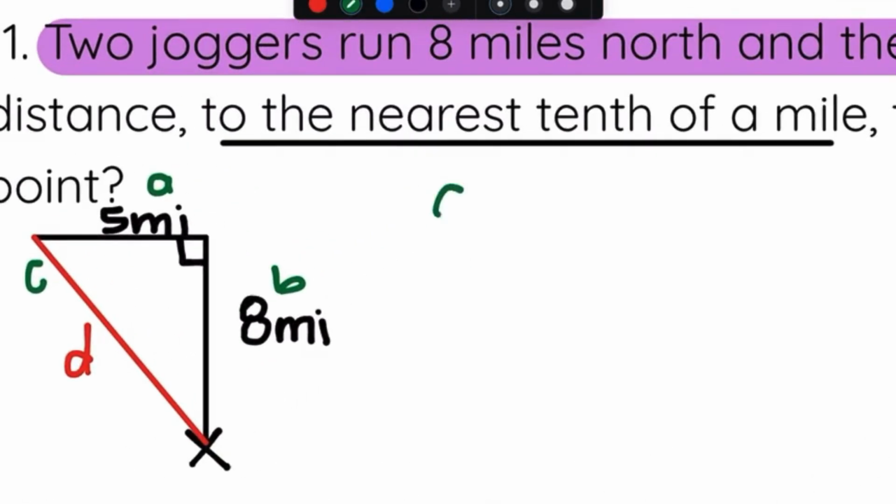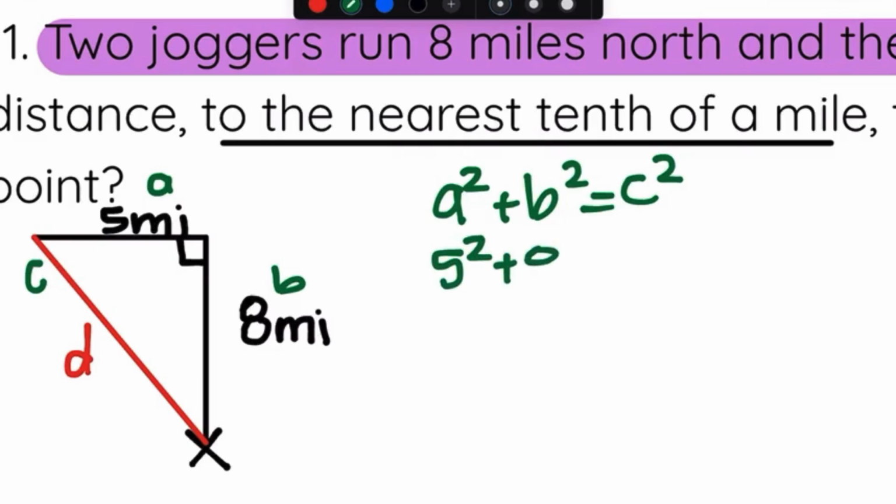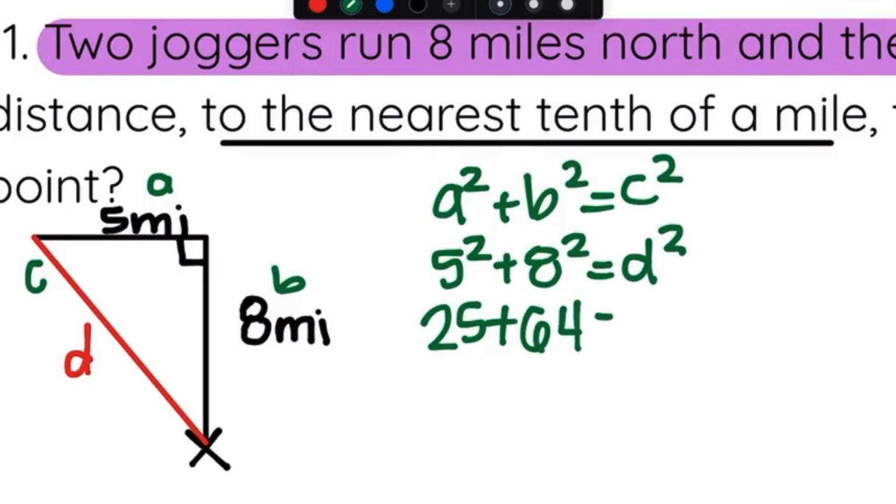So A squared plus B squared is equal to C squared. And I'm not going to spend as much time on this because we really have talked about this a lot. I'm just going to go through this part quickly. And so 5 squared is 25, and 8 times 8 is 64, is equal to the distance squared, and so that is 89.